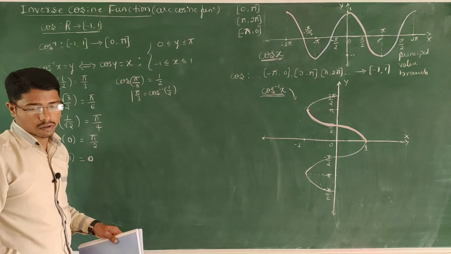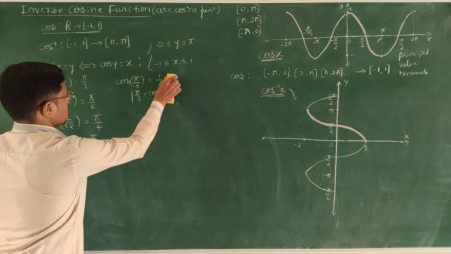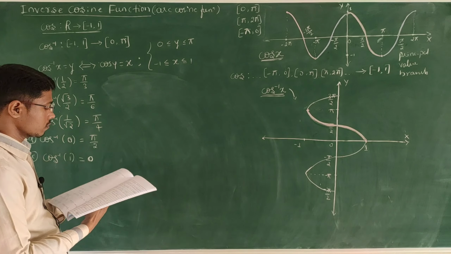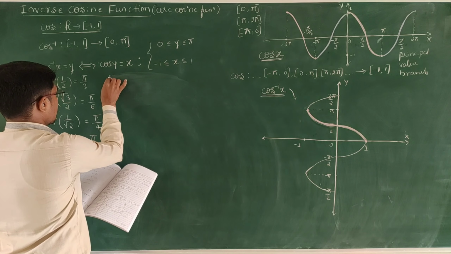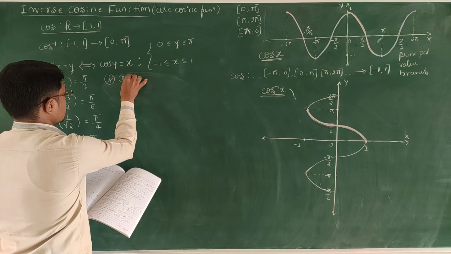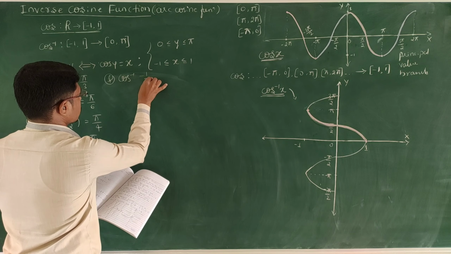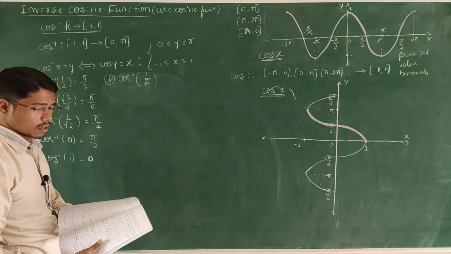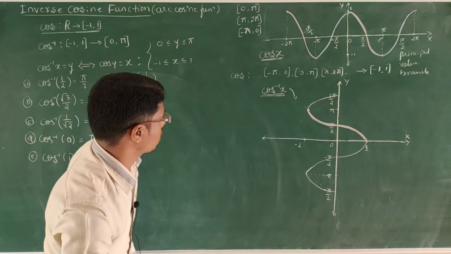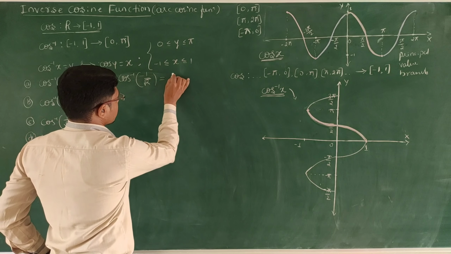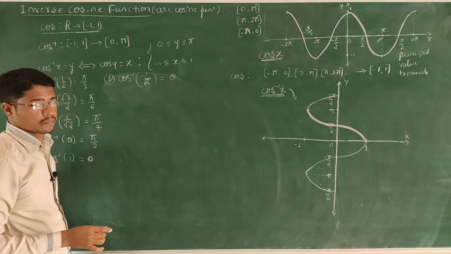Okay, let us see one very important example. These types of examples are very important for 1 mark. See, f: cos inverse of minus 1 by root 2. We have a minus sign inside. Let us take it as theta.